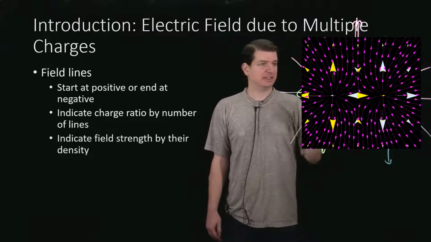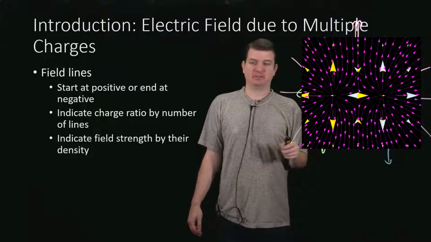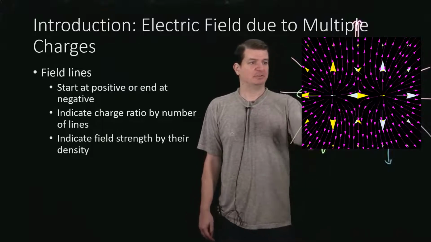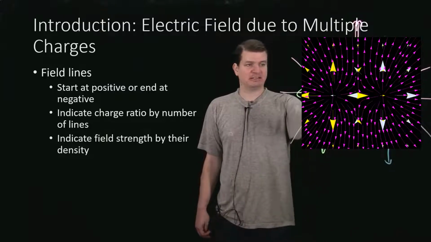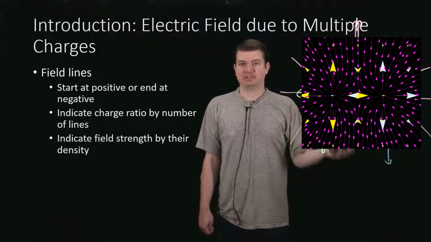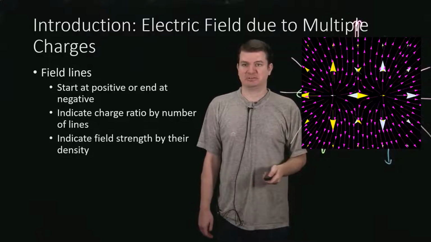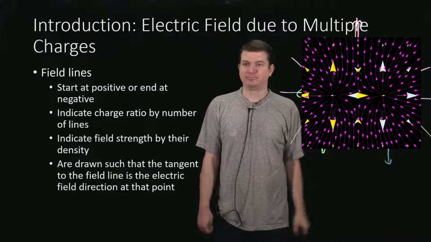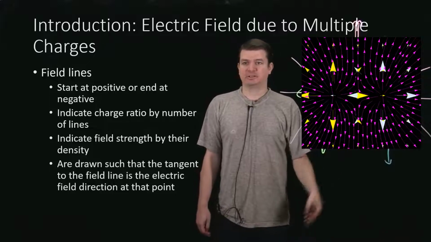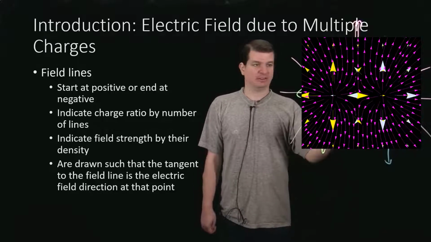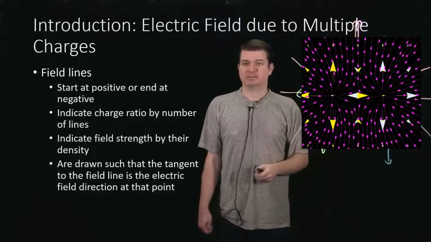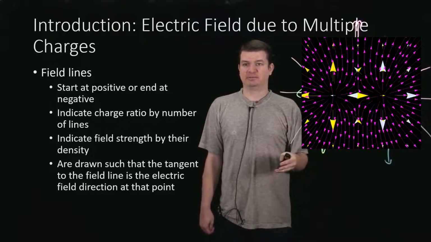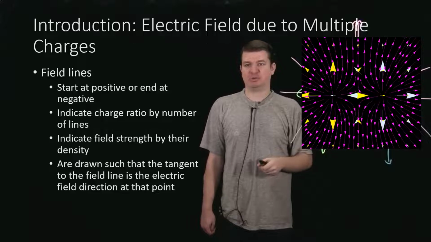They also, of course, indicate the field strength, as we talked about in the video on field lines. So where it's dense, the field is strong, and where it's less dense, the field is not as strong. And these are drawn such that the tangent to the field line is the electric field at that point.